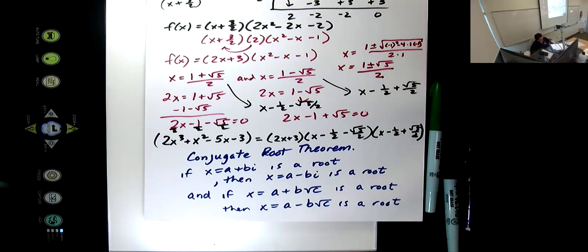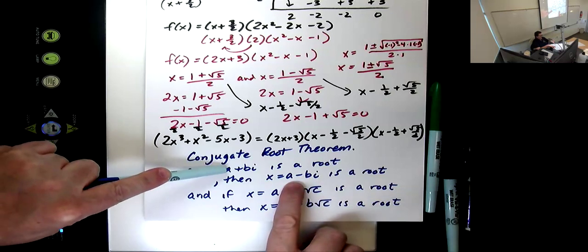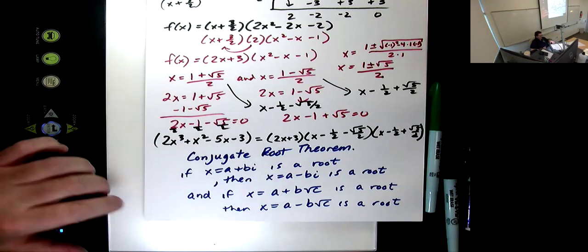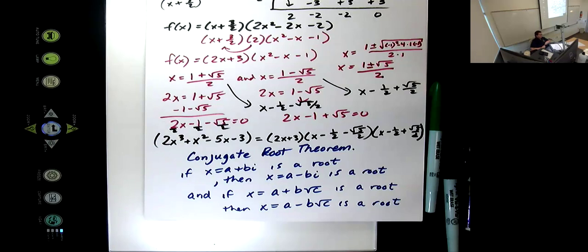When you see a conjugate, it just means you have the same thing and something changes sign between them. A plus bi, a minus bi. A plus b root c, a minus b root c. We'll see that again later on.